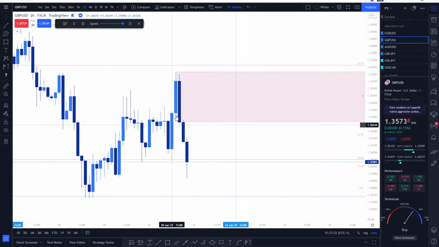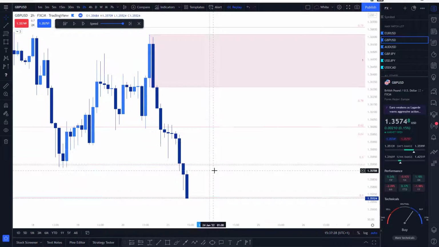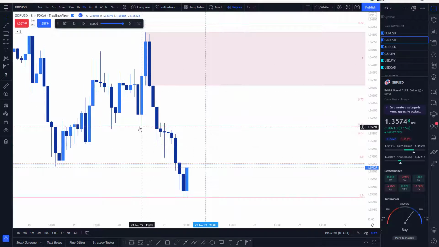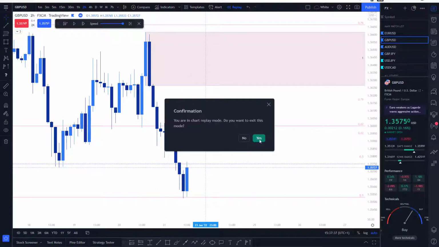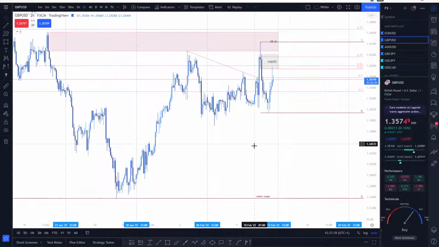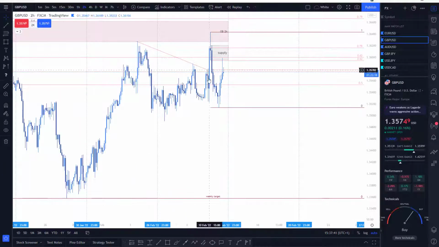So this is the order block, the buy to sell that broke structure. So this minor choke and this major choke here. So this was the 2-hour OB. Yes, the bullish move. Let's go to the 1-hour.